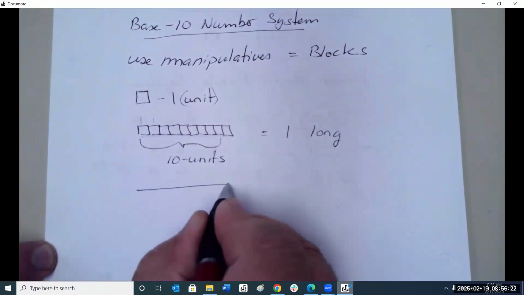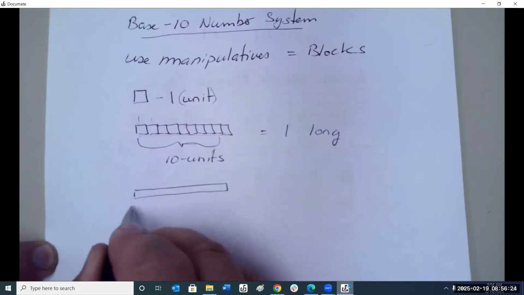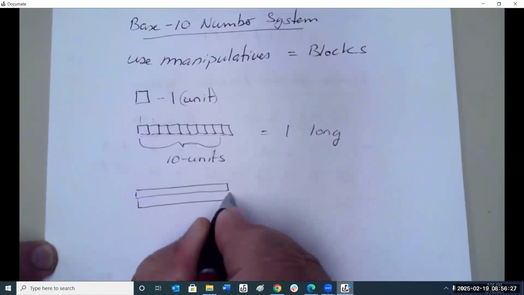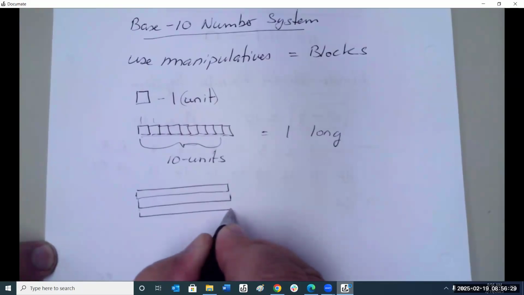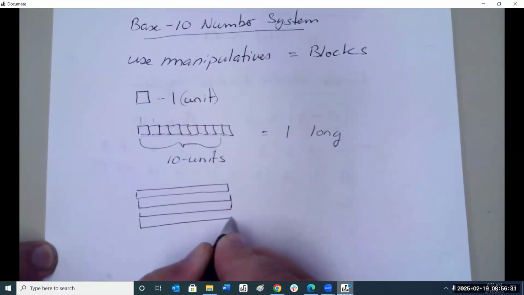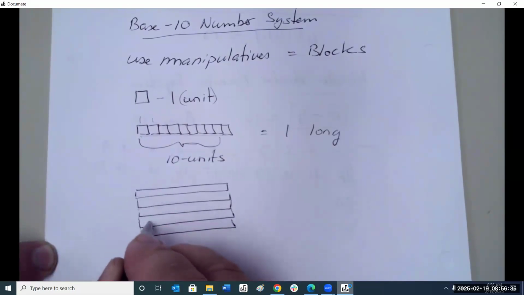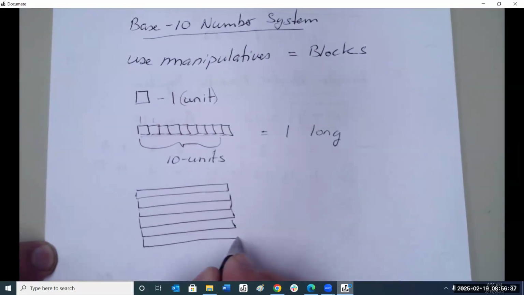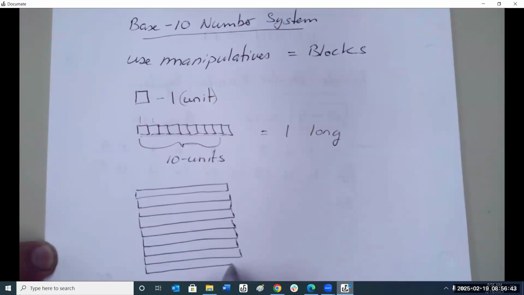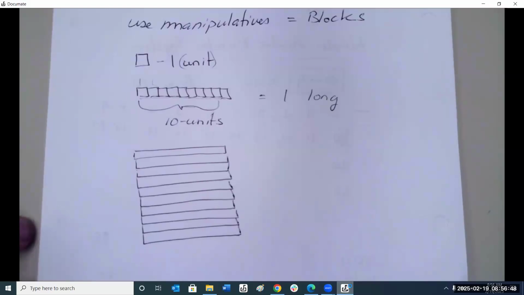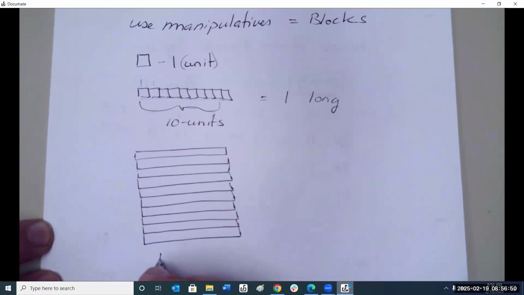What happens when you take these longs and put them together? 1, 2, 3, 4, 5, 6, 7, 8, 9, 10. So we have 10 longs.